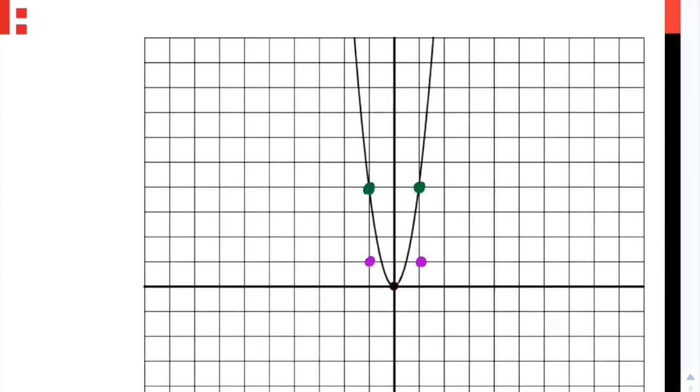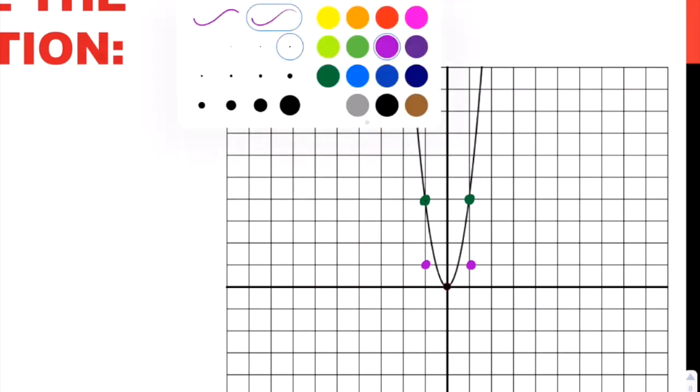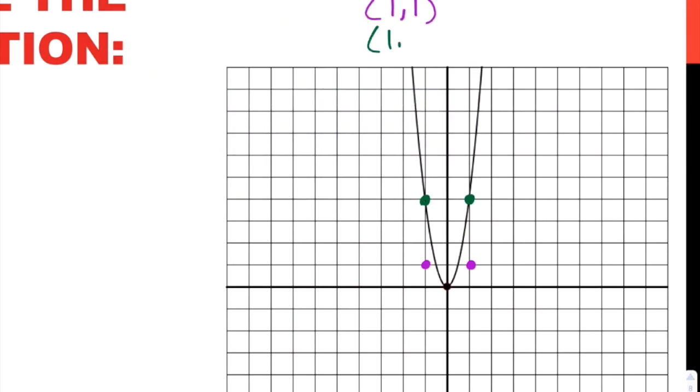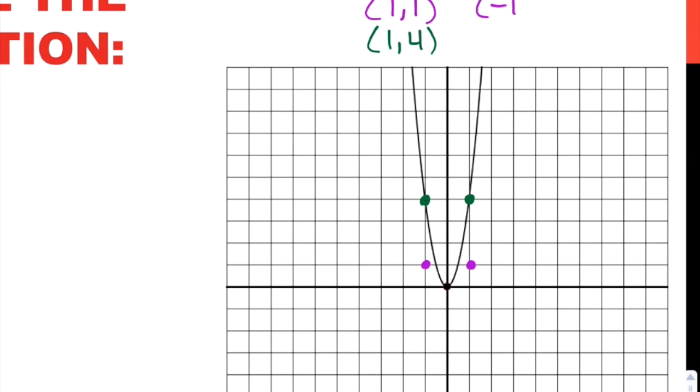My y value has been multiplied by a 4 because instead of my parent function 1, 1, I now have 1, 4. Instead of -1, 1, I now have -1, 4.